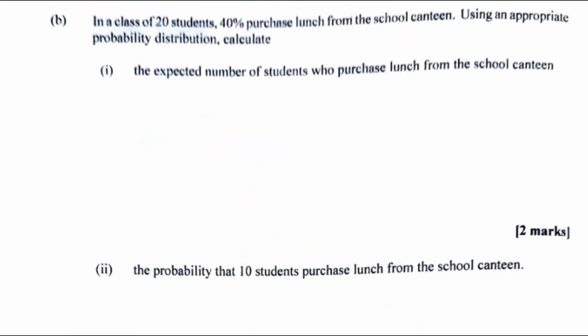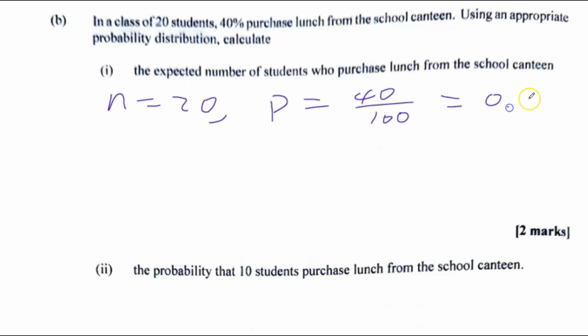Part B, in a class of 20 students, 40% purchase lunch from the school canteen. Using an appropriate probability distribution, calculate the expected number of students who purchase lunch from the canteen. So we have 20 students in the class, and the probability that they purchase lunch would be 40%, or 40 over 100, same as 0.4.